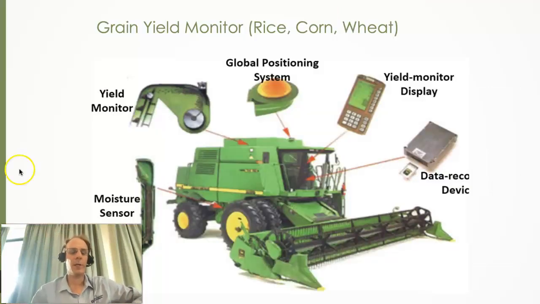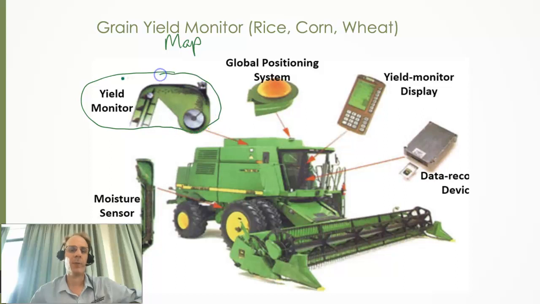In order to monitor yield, record, and map, these are the components that we need on our harvester. We need something that will monitor how much weight or how much material is coming through.